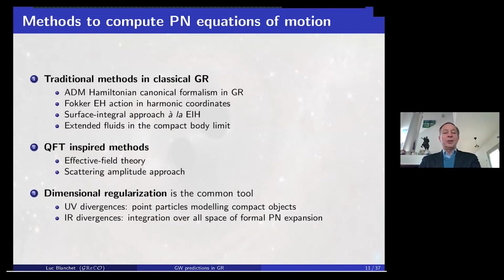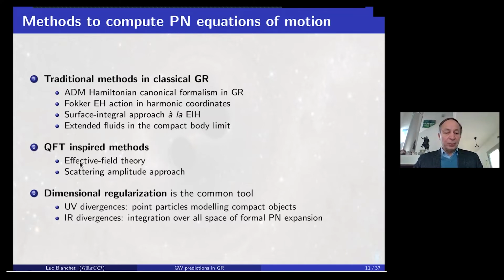So for the methods to compute post-Newtonian equations of motion, we have the traditional method in classical GR based on either the Hamiltonian or the Fokker action. There are also works called the surface integral approach, based on the Einstein-Infeld-Hoffmann approach. And there are also some works based on extended fluids in the compact body limit.